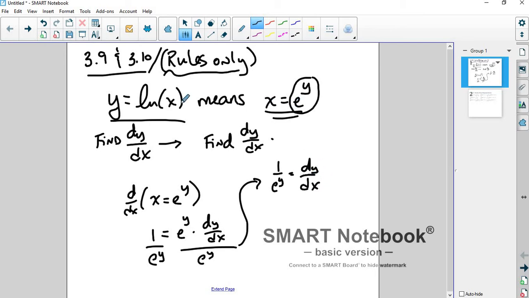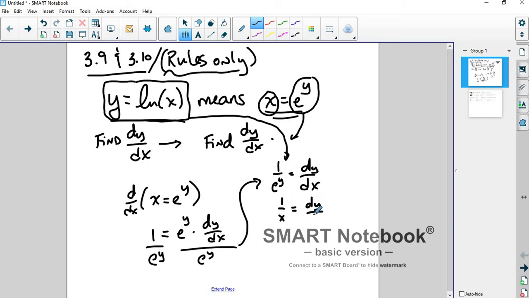But wait a minute, what is e to the y? e to the y is x, based on this definition. So I actually get my derivative for the natural log function to just be 1 over x.